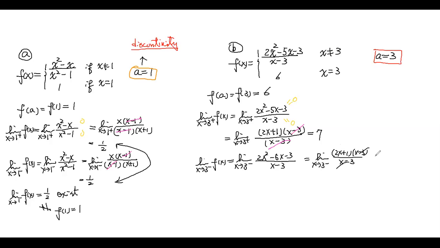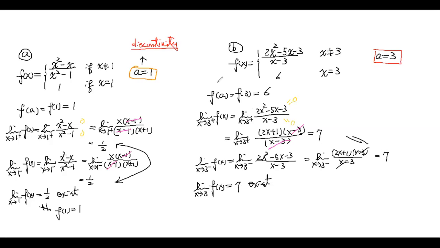So x minus 3 cancels, and you will get 7. So these two are equal, so the limit exists. So the limit as x approaches 3, f of x equals 7, right? Because the left-hand limit equals the right-hand limit.